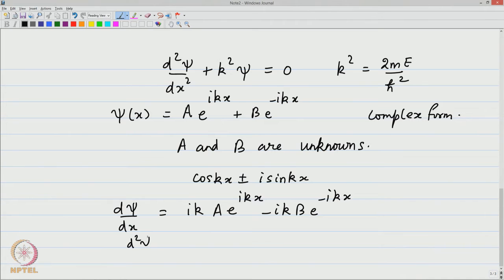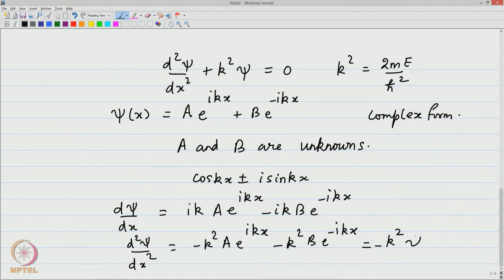If you take the second derivative, you see there is another I k, so this becomes I square k square, which is minus k square a e to the I k x, and there is a minus I k for one more derivative. Therefore, it is also minus k square b e to the minus I k x, and you see that this is immediately minus k square times psi, thus getting back the equation.